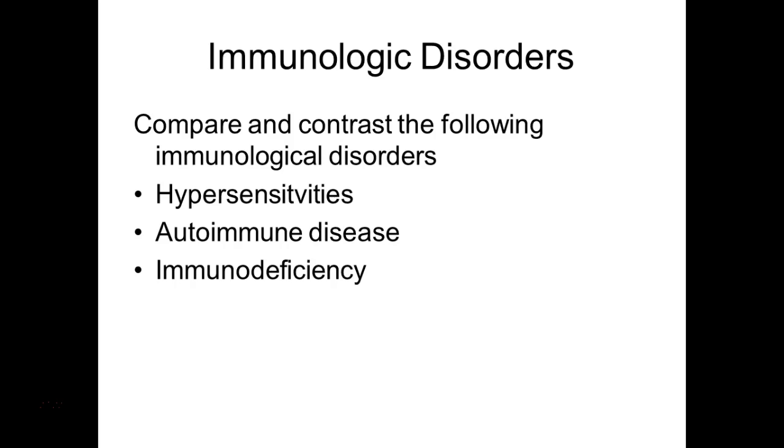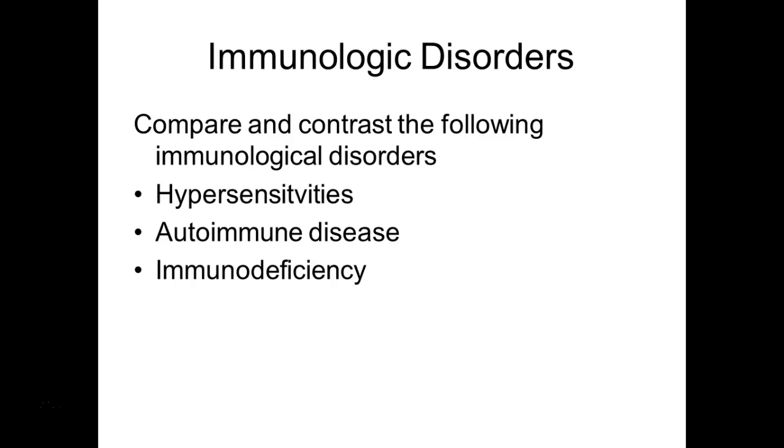Immunodeficiency, right? We know that HIV is named after the fact that this virus, because it affects our helper T cells, can cause our immune system to be deficient. That's something we acquire, right? That's why it's called AIDS. It's acquired. You acquired this infection. Can you be born immunologically deficient? Yes, right?